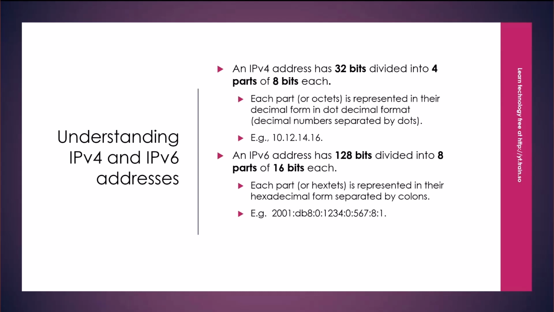And each part of the IPv6 address, or hextet, is represented in its hexadecimal form, separated by colons. This 2001, DB8, 0, 1, 2, 3, 4, all these things. Just understand that there are 2 kinds of IP addresses. And every website or device that you see on the internet will have an IP address.